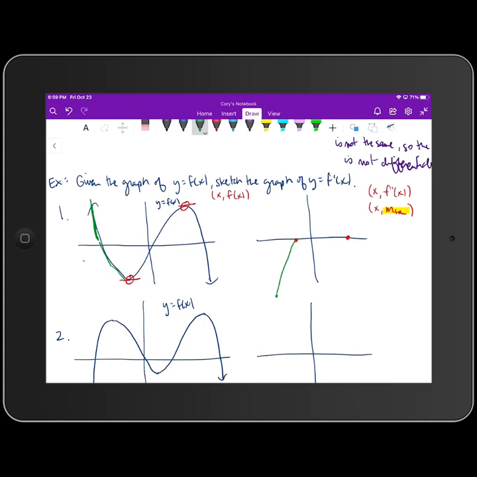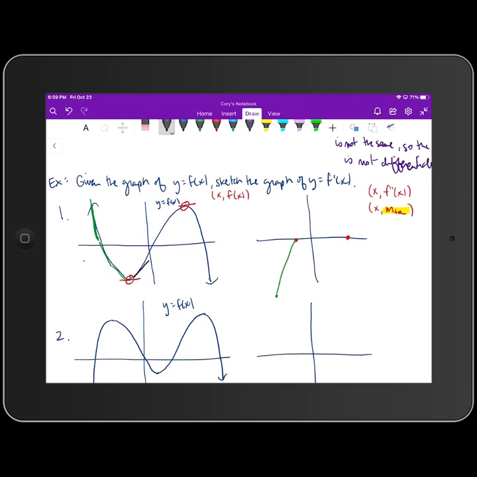When I look at the points in between the two horizontal tangents, I'm going to do this in black. When we start close to the left horizontal tangent, the tangent line is positive, but it's not very steep. So it's going to be a positive number, but it's not very big.